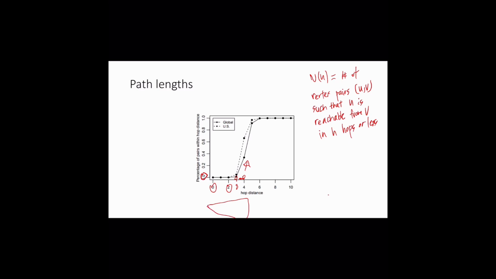Let's say the graph sort of has this cone-like structure. Within 1 or 2 hops, you would reach very few people. But once you start reaching paths of length 3 or 4, you begin to reach exponentially many more people.